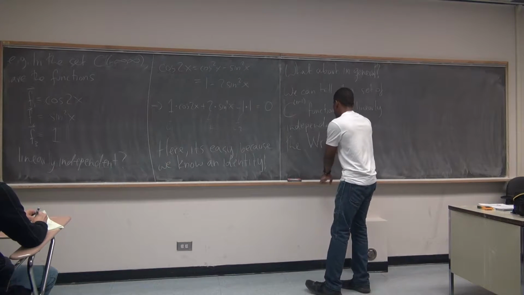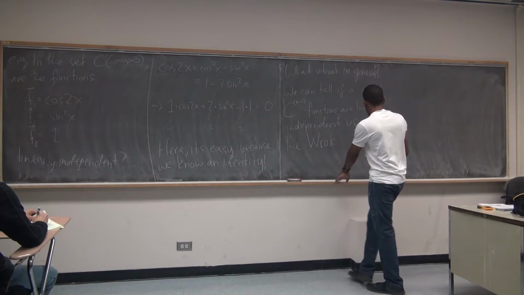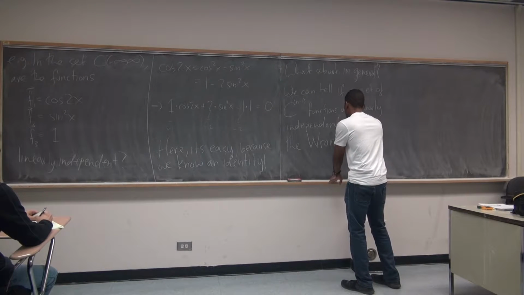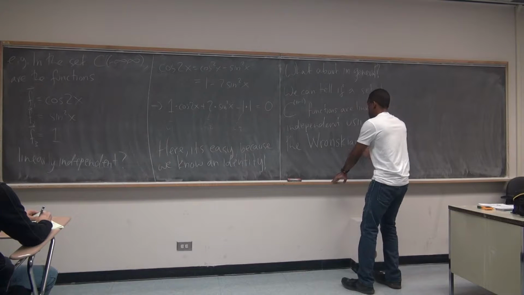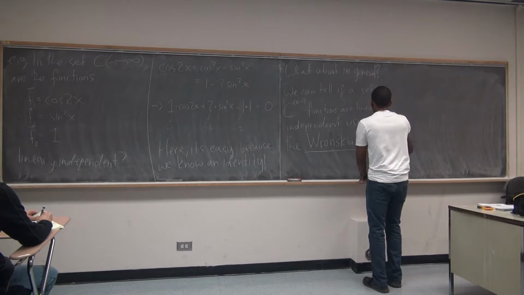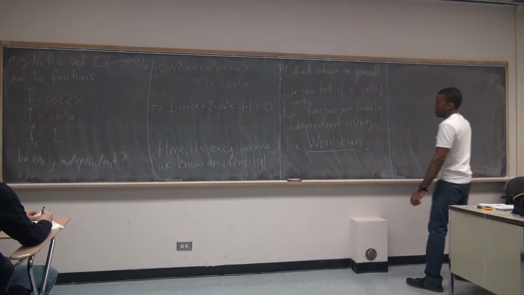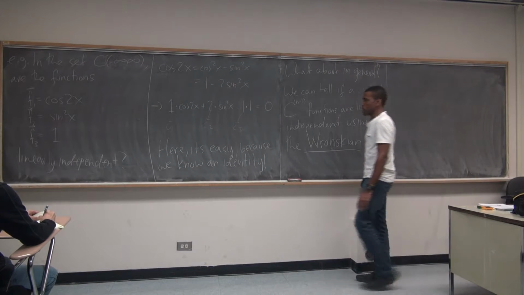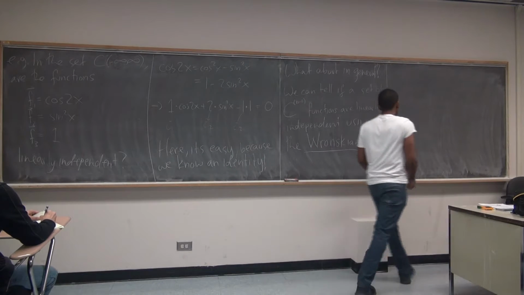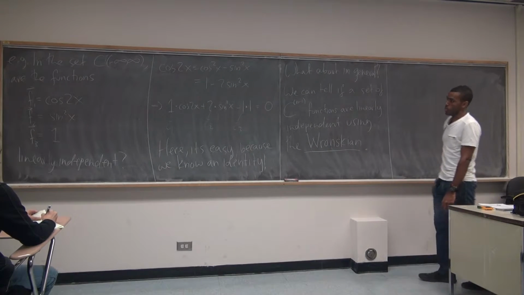Now, those of you who have taken 391 differential equations before will already know what this guy is. And they'll just say, oh, compute the Wronskian, and this is not 0. Blah, blah, blah. This is why the Wronskian was important in 391.